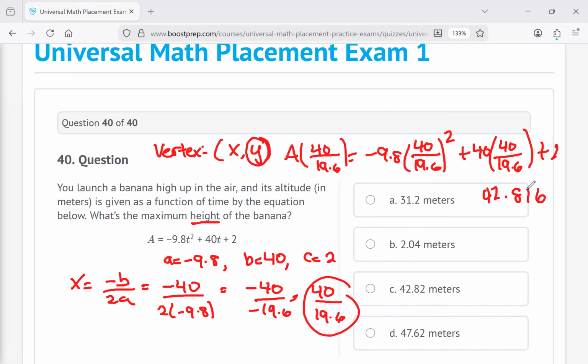If you round to the nearest tenth, it's going to be 42.8. So it is letter C. Okay. So this is a vertex problem. This is a vertex maximum-minimum problem. So yeah, C.